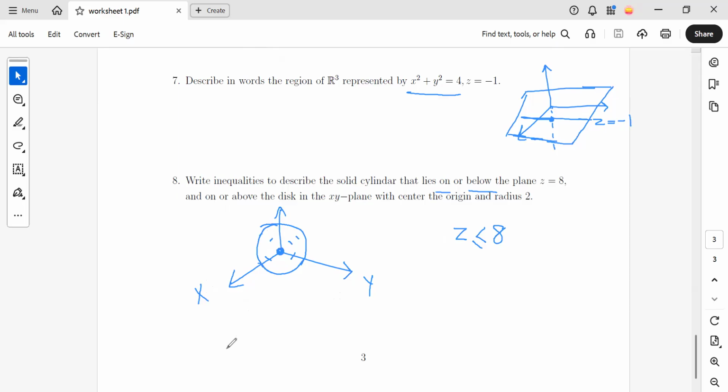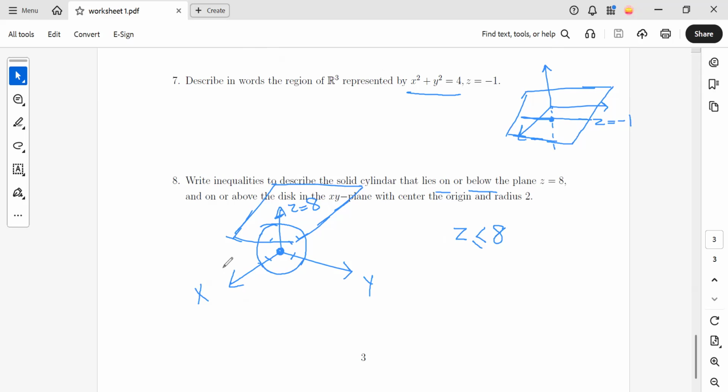Read the question again. Write inequalities to describe the solid cylinder that lies on or below the plane z equals 8. That can be a surface like this. So it says on or below z equals 8.